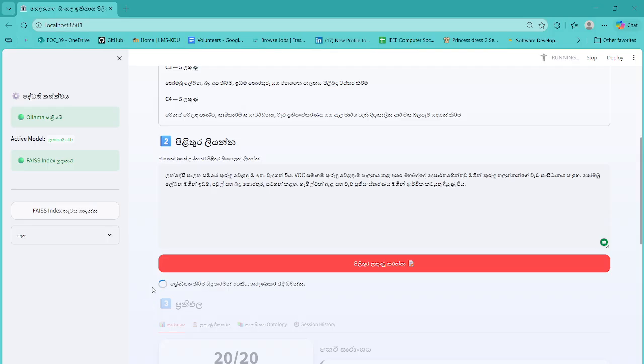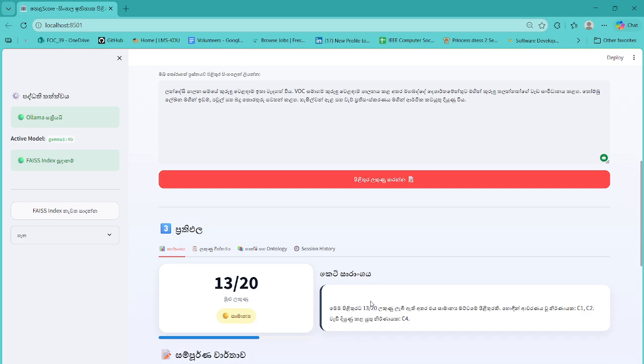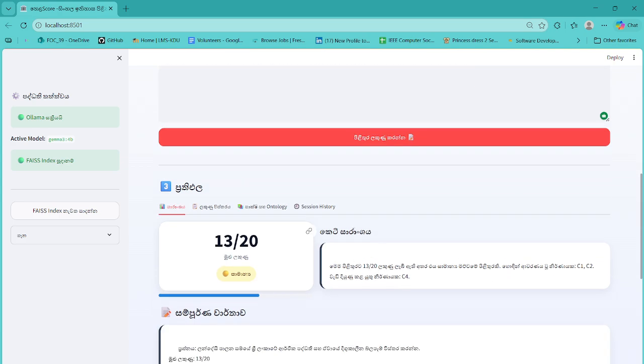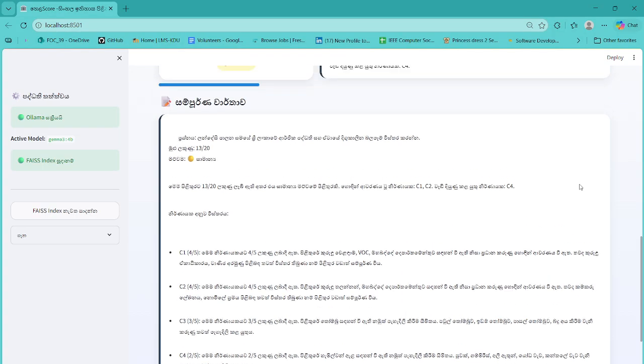The answer is getting marked here. You can see that this is an average answer, as I said, and there it has given a summary of what criterion it satisfied and what criterion it didn't satisfy that much. So here is the complete report.